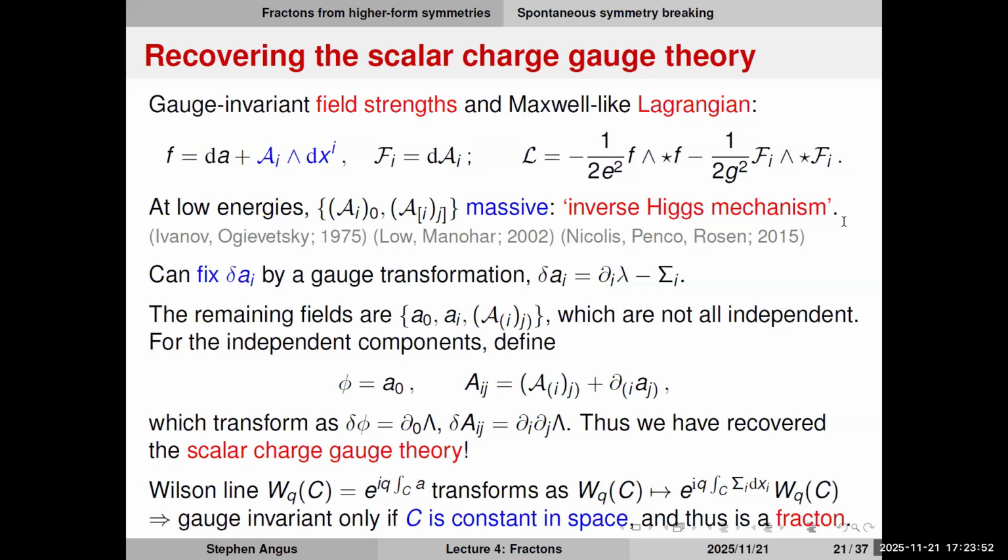In particular, these ones get an effective mass due to this term in blue here. When we look at f wedge star f, this will give an effective mass for these modes. And this is an example of the inverse Higgs mechanism.